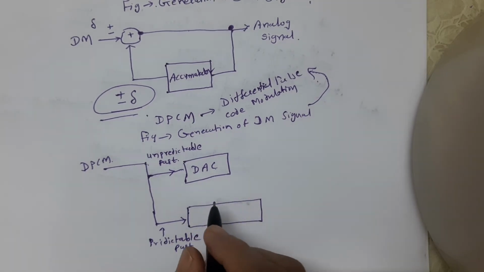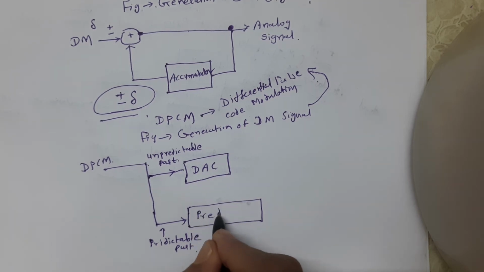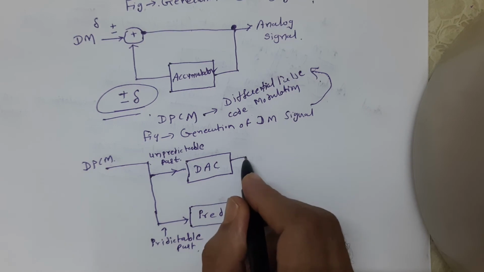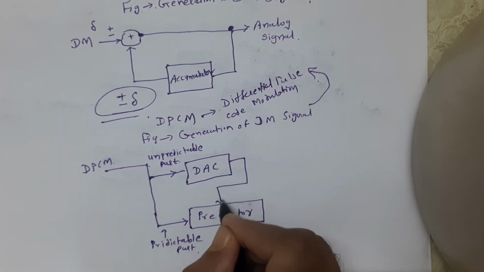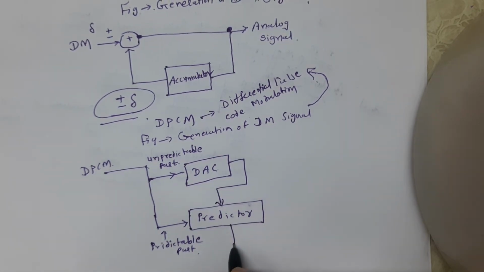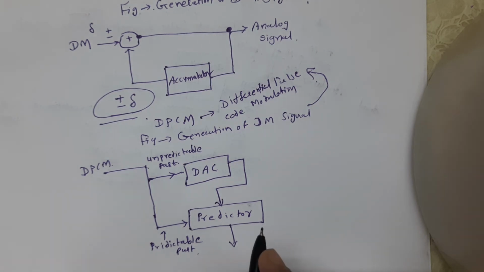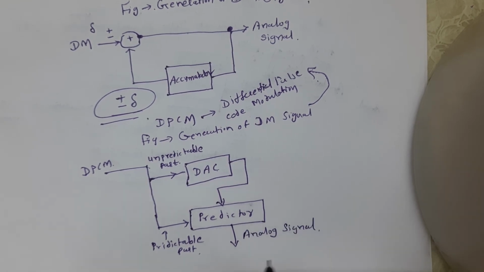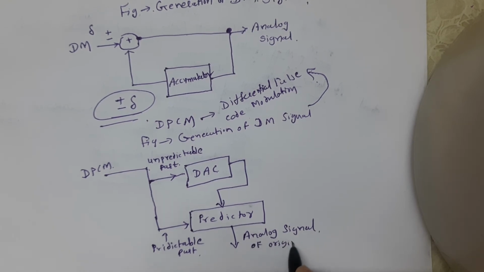The output of DAC is given to the predictor, and finally we are getting the analog signal of the original.